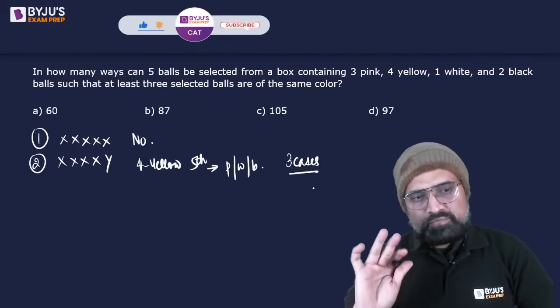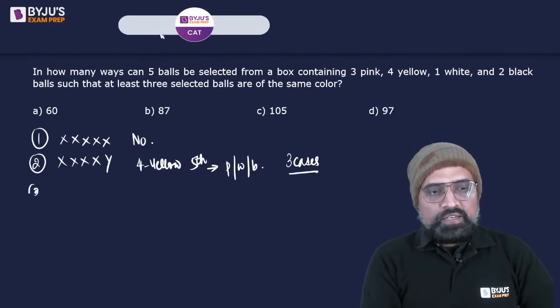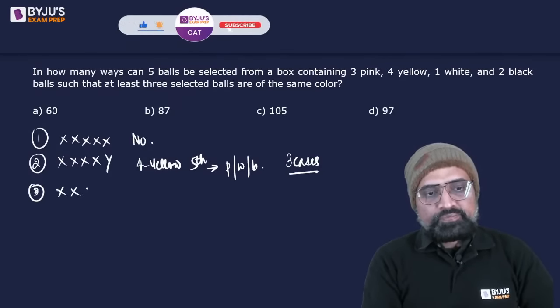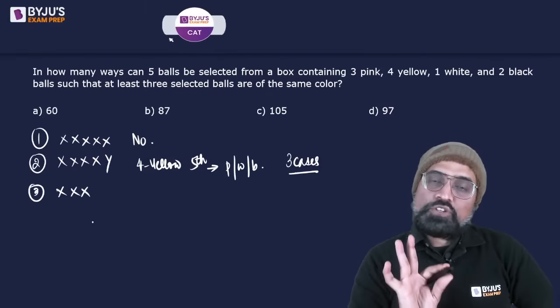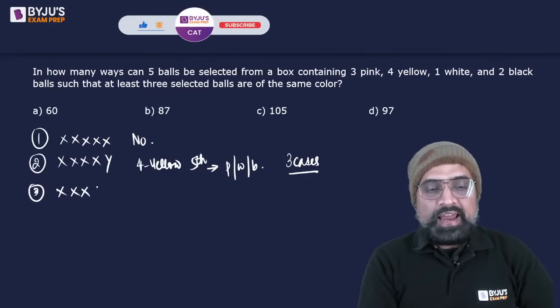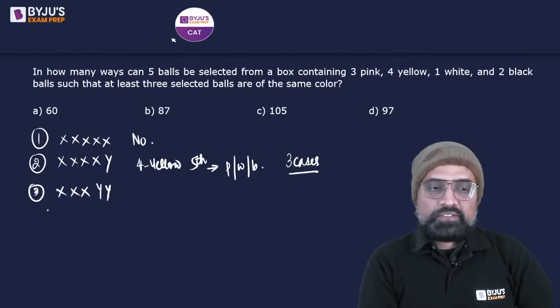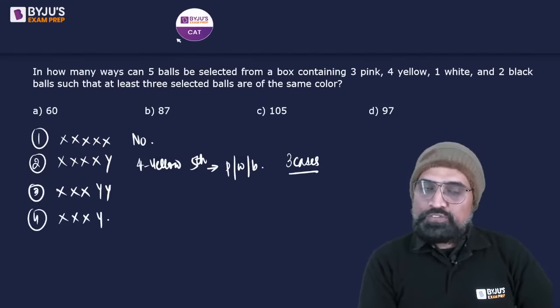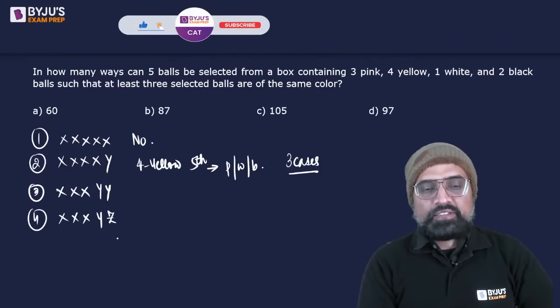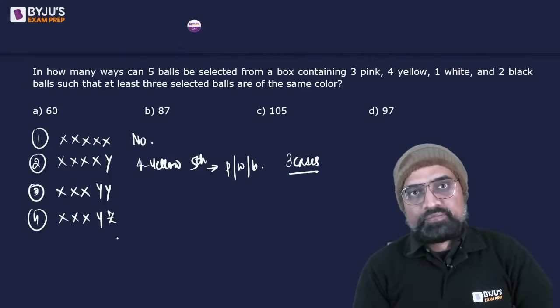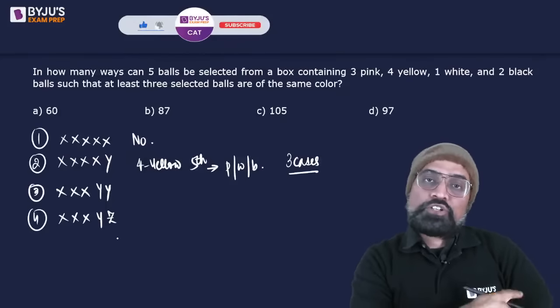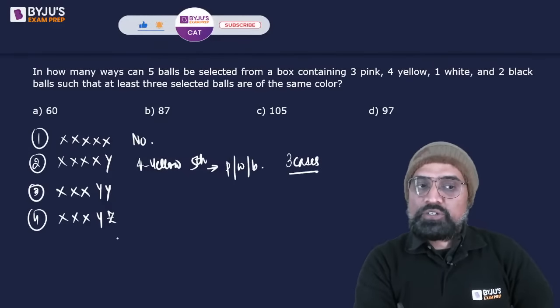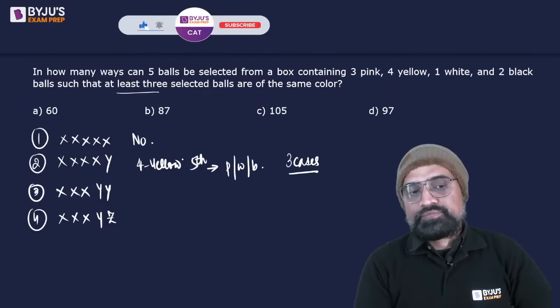That's it. Okay. Third scenario, 3 balls of one color and then 2 balls of another color, or 3 balls of one color, 1 ball of another color, and the last ball of the third color. We do not have to check for 2 balls of the same color because it says at least 3, right?